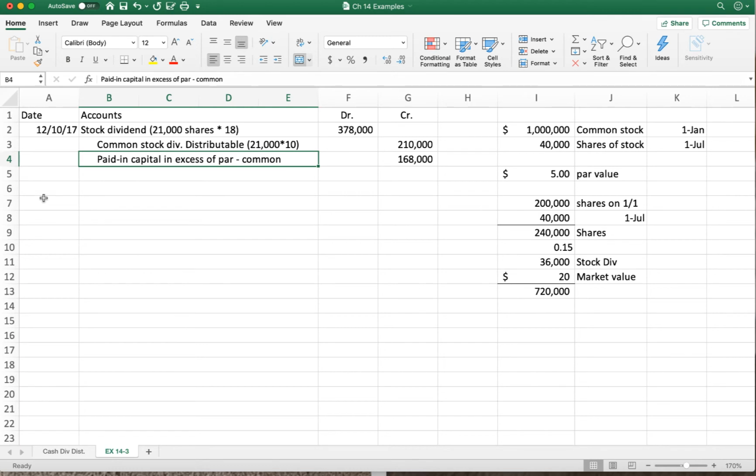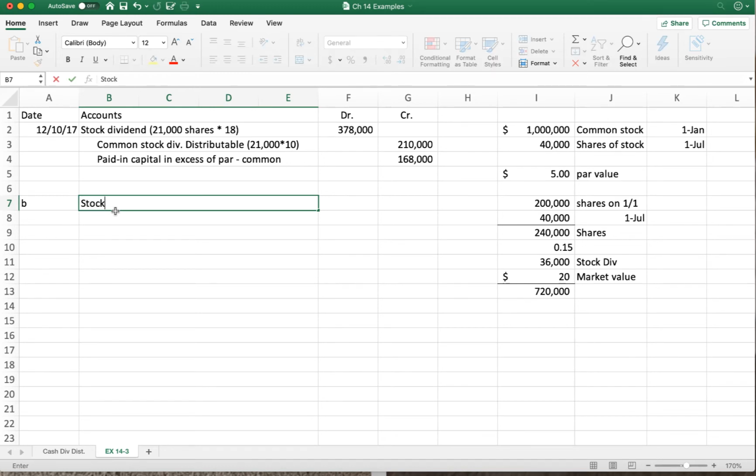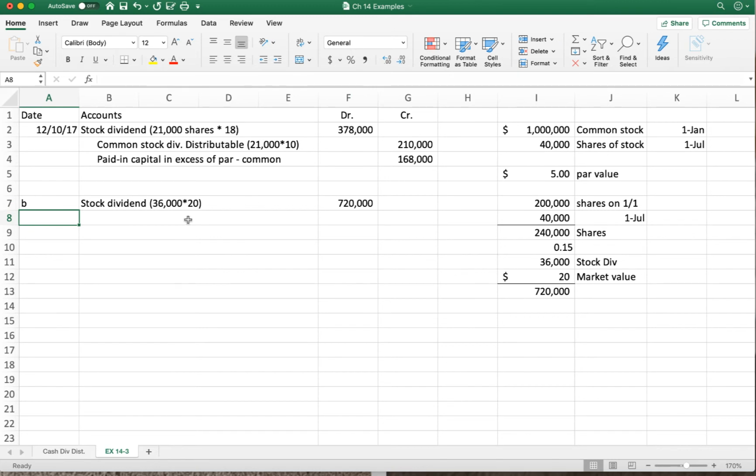Okay, so this one's going to be for Part B. We're going to do the same exact journal entry. We're going to debit stock dividend. For how much? Well, it's going to be the 36,000 shares times the market value of $20. We end up with $720,000. Okay, that's our debit.